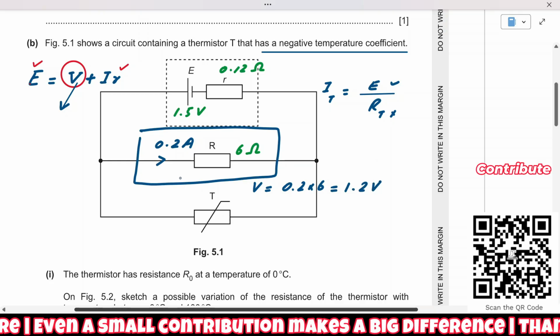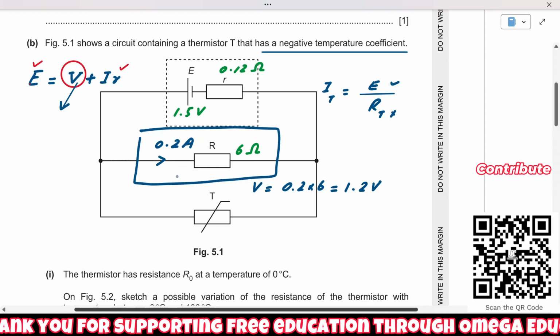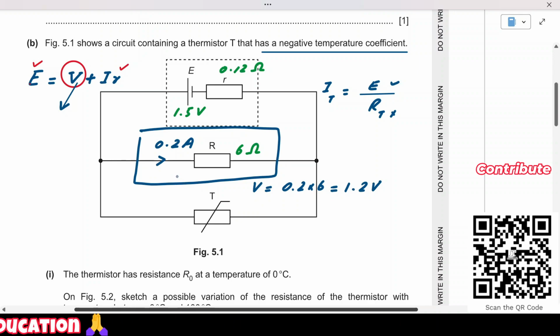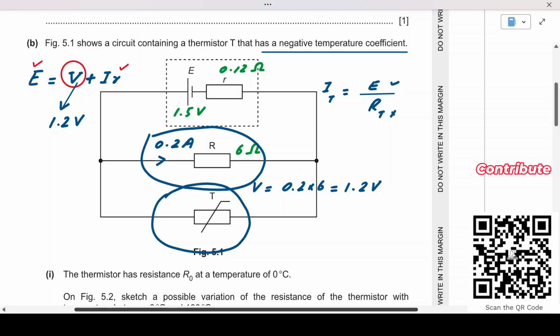So the terminal voltage is 1.2 volts. So the value of this one is 1.2 volts. So you can find the terminal voltage using this component, or you could have found the terminal voltage using the other component.